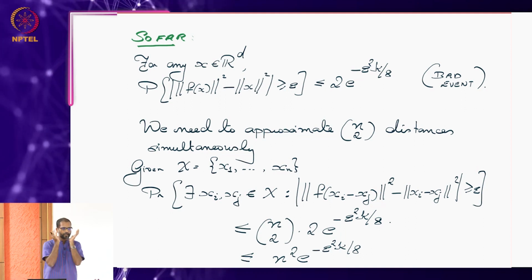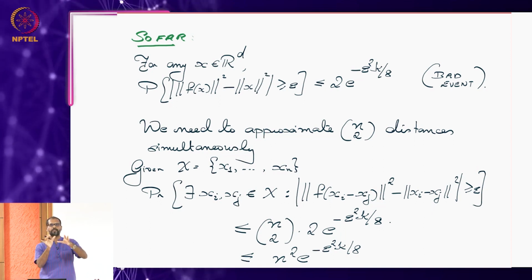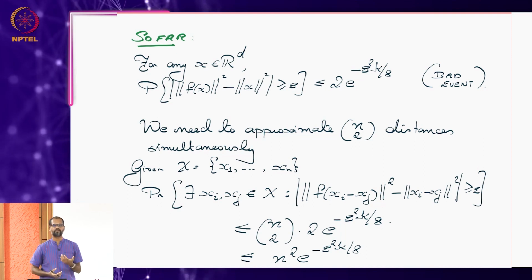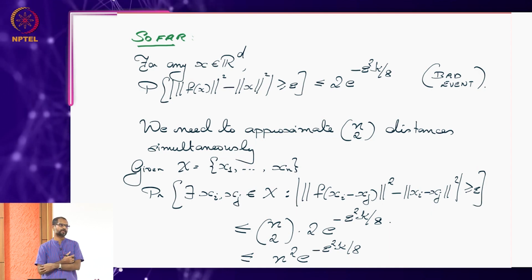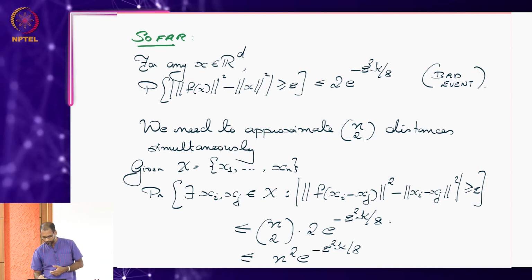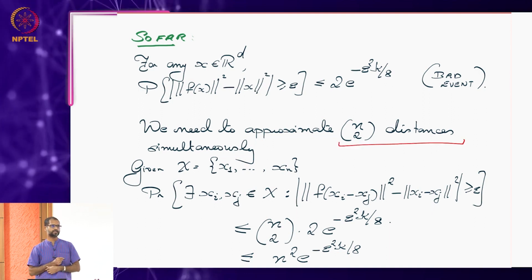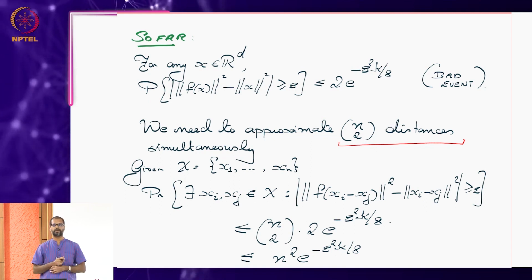If you think depending on the dimension, if some very good number of them are approximated correctly, the remaining may also automatically fall in place. But we are not going to make use of any such detailed geometric argument. We are just going to say that we have to approximate not just one, but n choose 2 distances all at the same time. So, none of these bad events should happen.